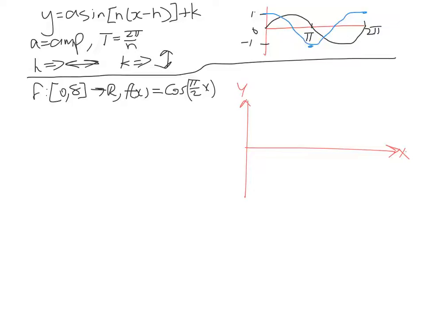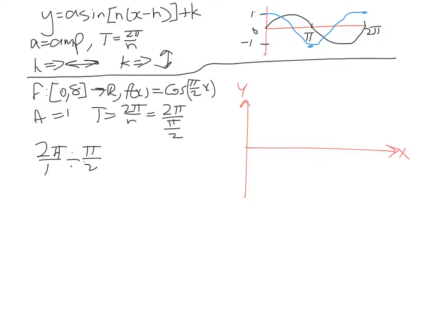So basically, let's put in our amplitude is 1, and now for a period, T equals 2 pi over n. In this case, it is 2 pi over pi on 2, so we can rewrite that as 2 pi over 1 divided by pi over 2.